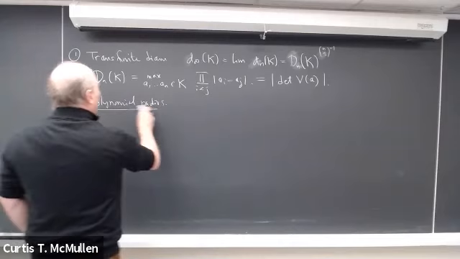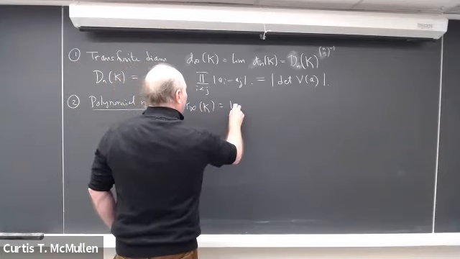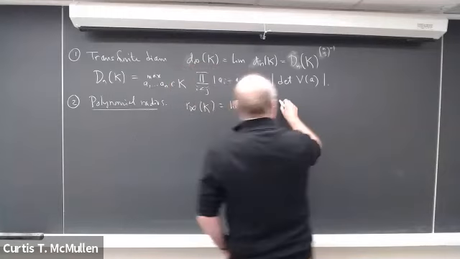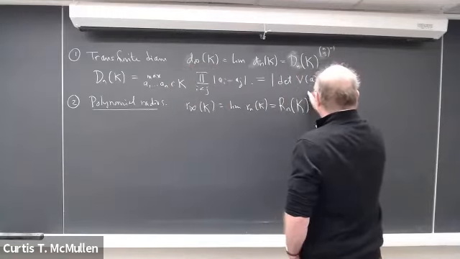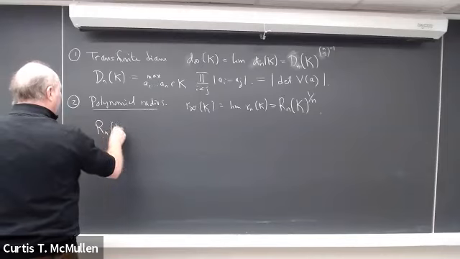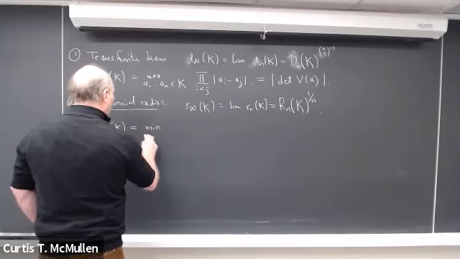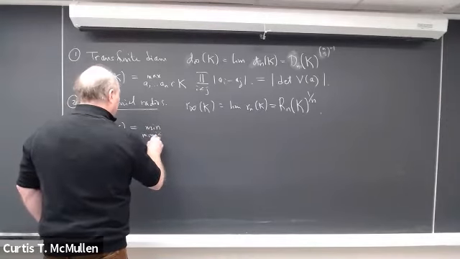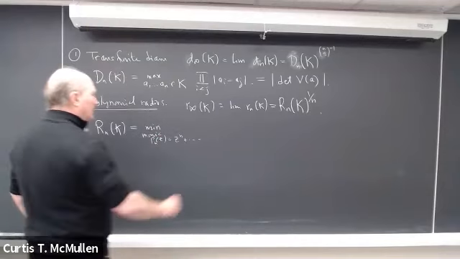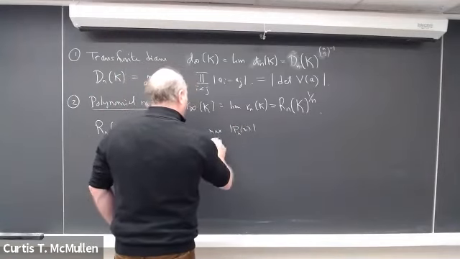And this is defined by R infinity of k is the limit of Rn of k, which is itself capital Rn of k to the 1 over n, and Rn of k with a big R is the minimum over all monic polynomials Pn of z of degree n, so z^n plus lower order terms, of the maximum of the absolute value of P of z with z in k.